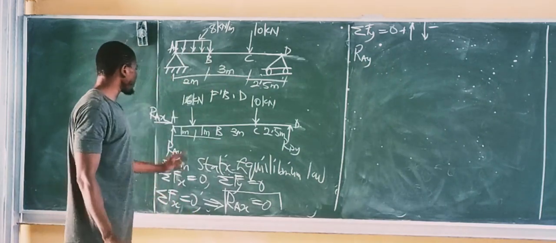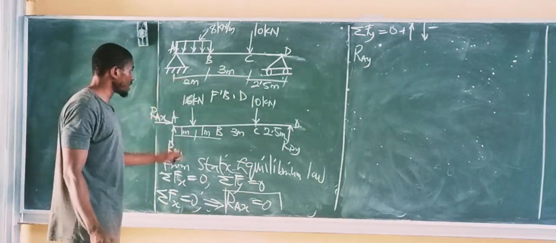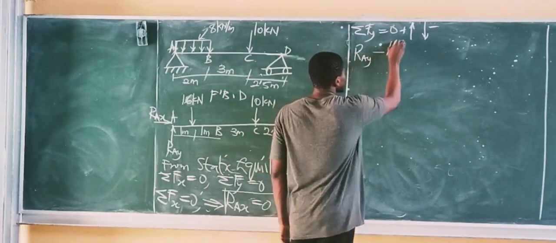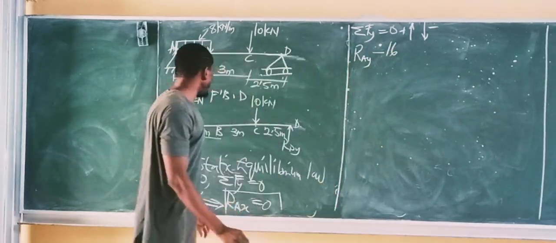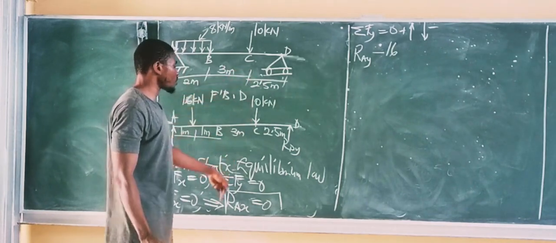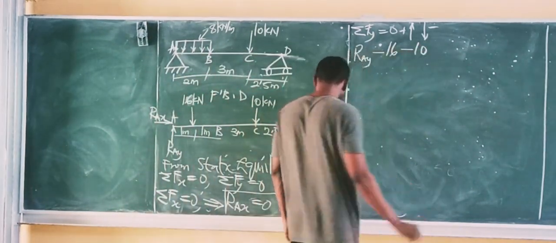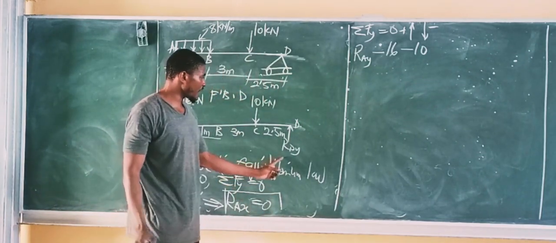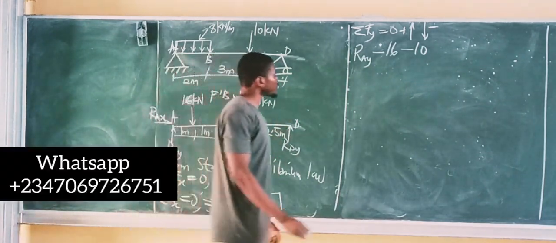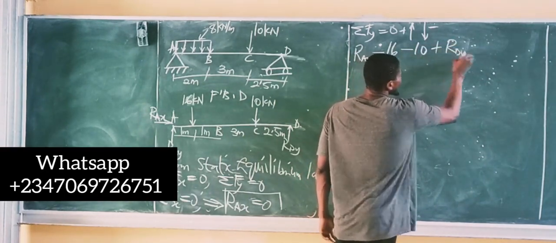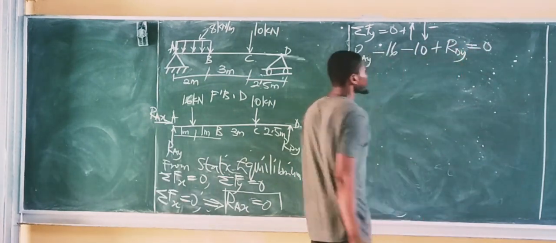Now we have a 16 kilonewtons force acting downwards, so it's negative. So minus 16. We also have a 10 kilonewtons force acting downwards, so it's negative. Minus 10. And then finally we have RDY acting upwards, so it's positive. So we have plus RDY, and this is equal to 0.